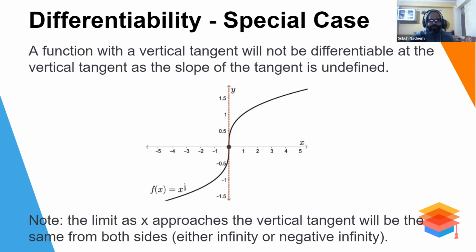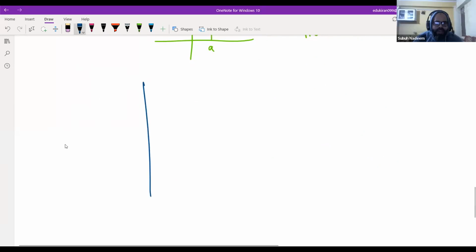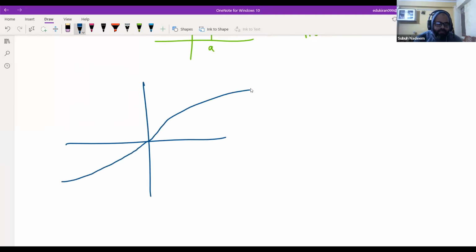Let me explain it. This is the graph of the cube root of x. f(x) is equal to the cube root of x.